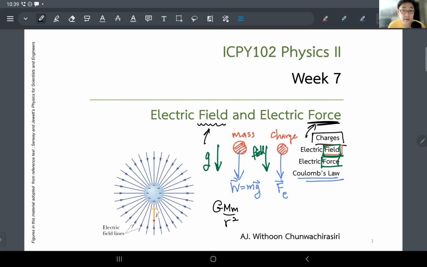Yeah, that's the attractive force between two masses. And then you have Newton's gravitational law talking about that attractive force. It's right here. You're going to have something that looks exactly like that to describe what will happen between those charges.